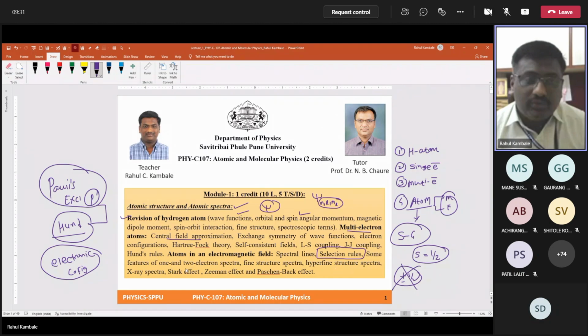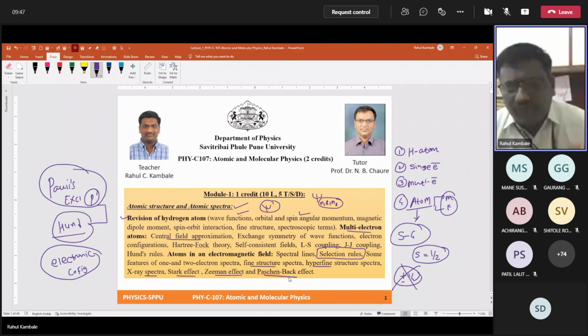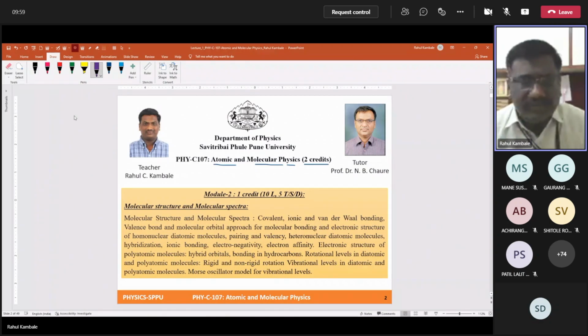But as far as atomic physics, I will clear all the concepts here. Then fine structure, then hyperfine structure, then X-ray spectra, then Stark effect, Zeeman effect, and Paschen-Back effect. Absolutely, these are great discoveries in atomic physics, and each has its own importance. So this is about the first module.